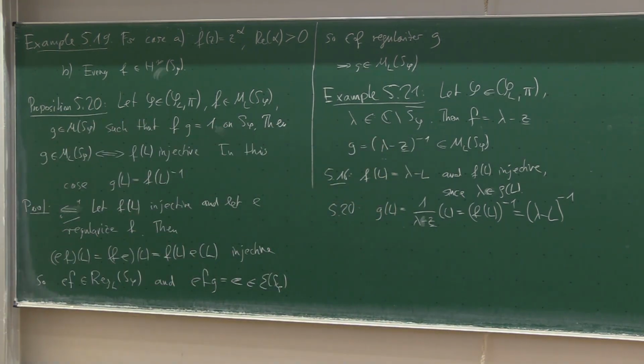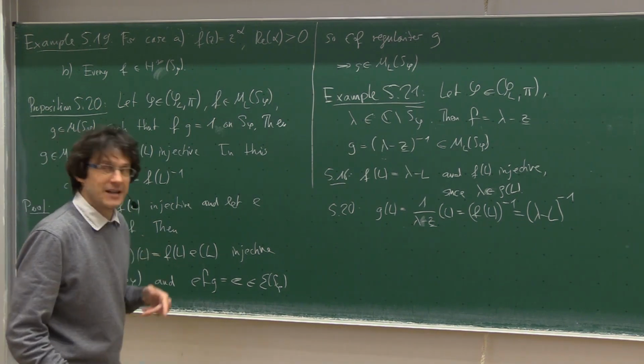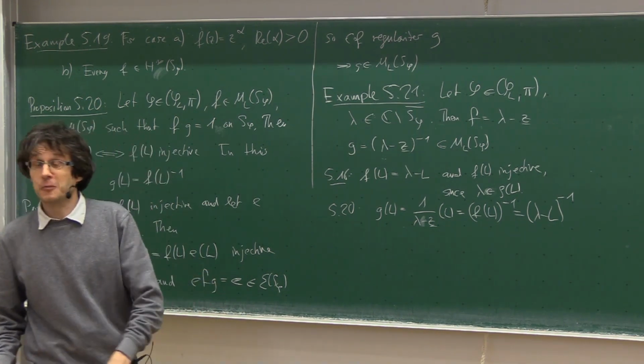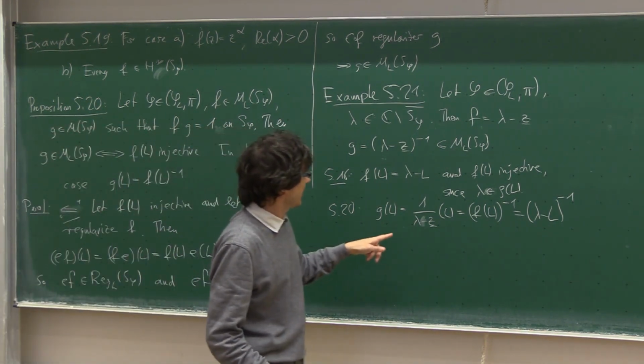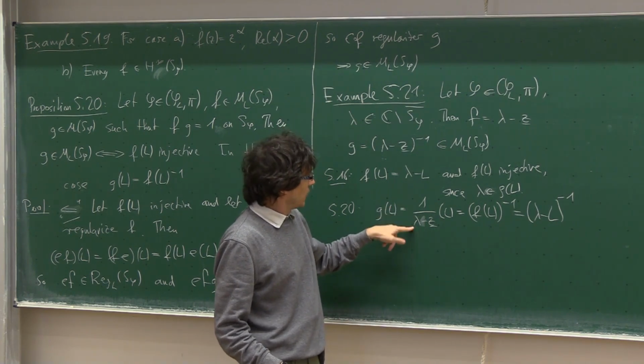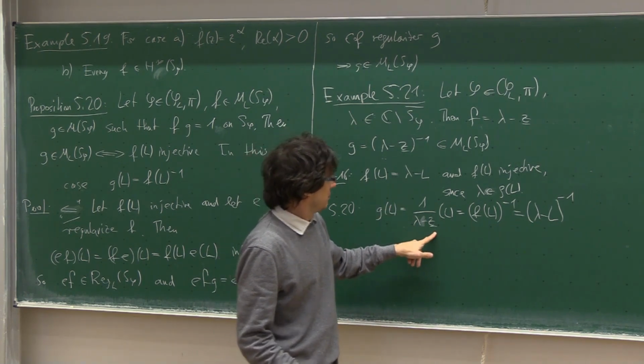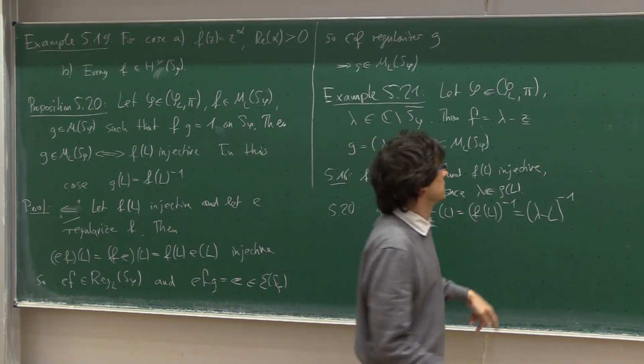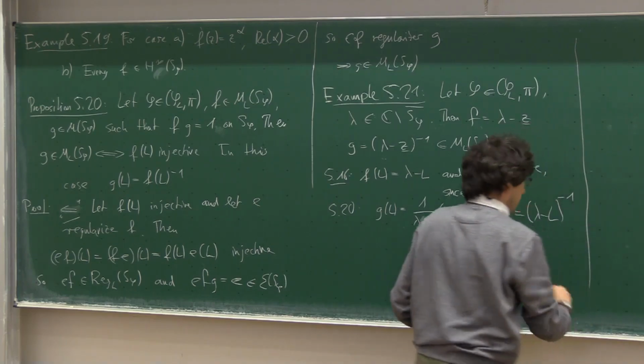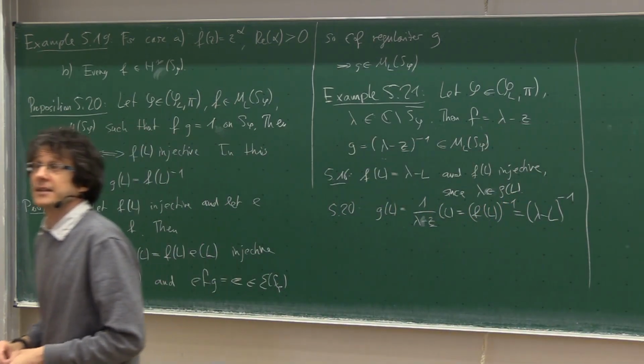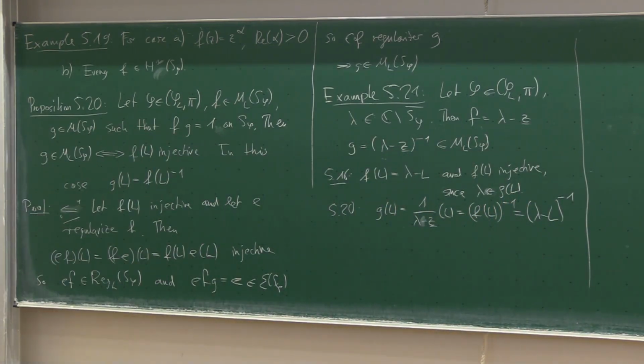Again, we already saw this on Monday by doing it in a completely different way, but we get that 1 over lambda minus z indeed gives you the resolvent functions. Okay. So that's the content of this chapter 5 about functional calculus.